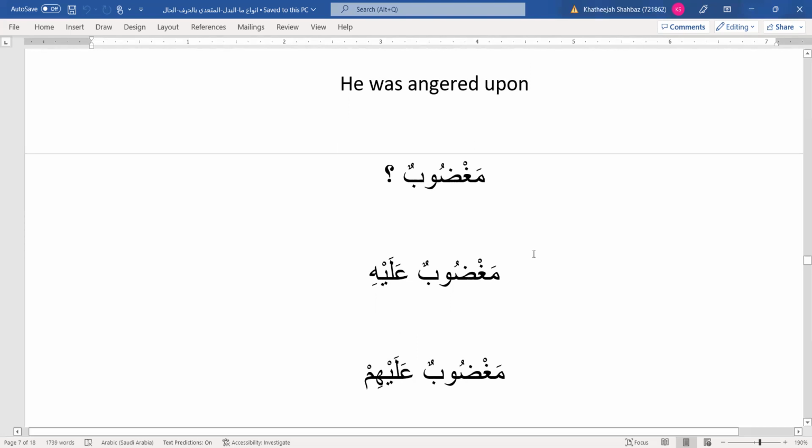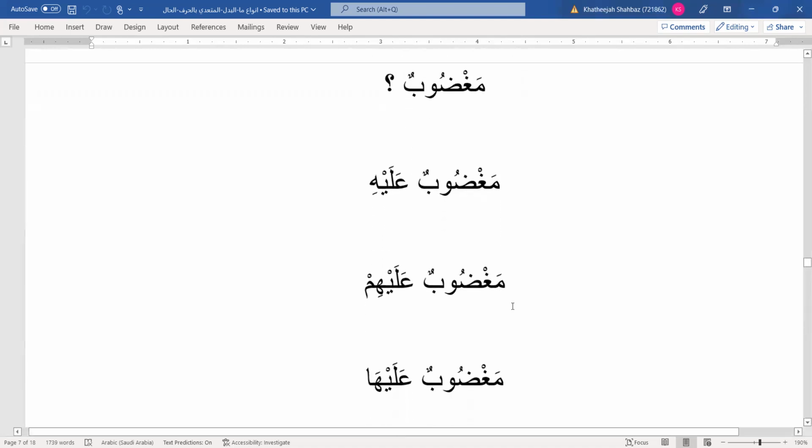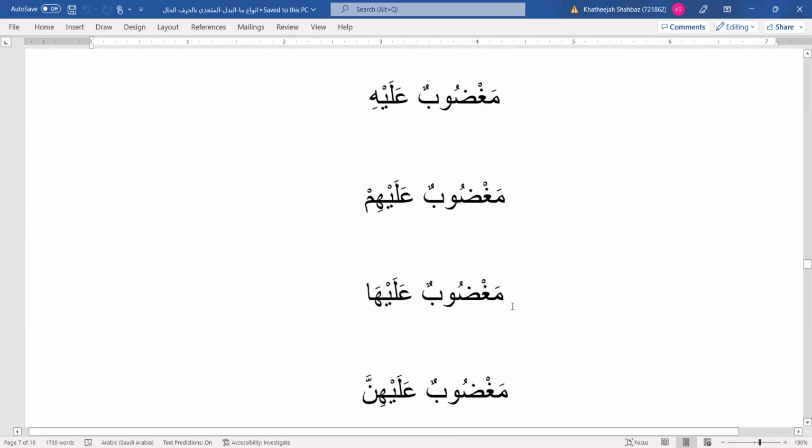So what will be the feminine of a lady who is angered upon? Maghdubun alayha. A lot of ladies who are angered upon: مغضوب عليهن. Maghdubun alayhinna. Exactly.